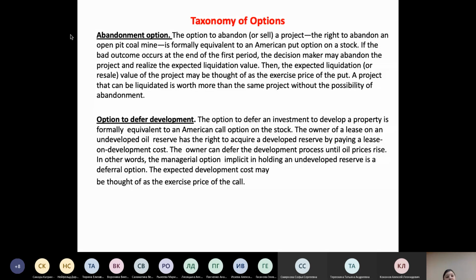You can accelerate your project. You can decrease the pace of your project. In other words, you can change the development of your project.